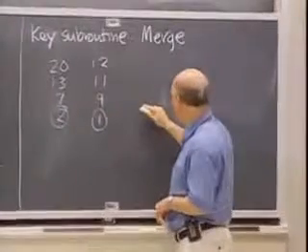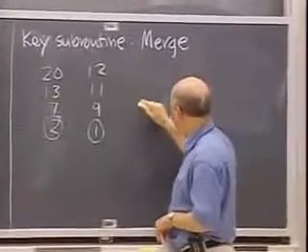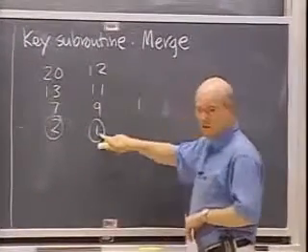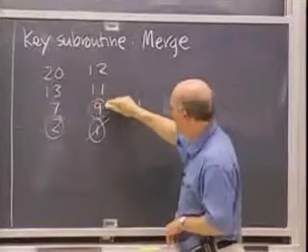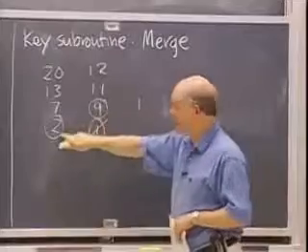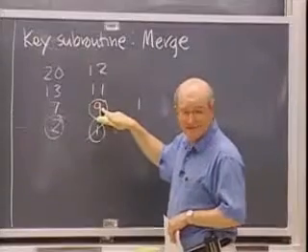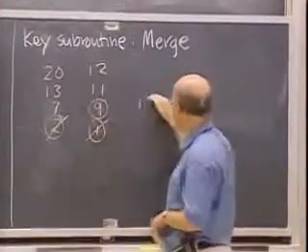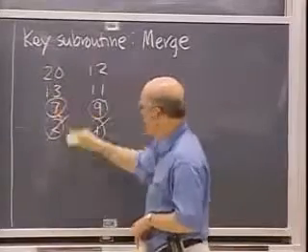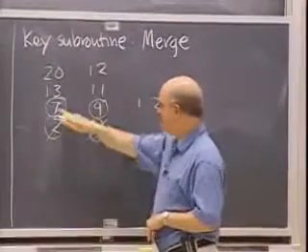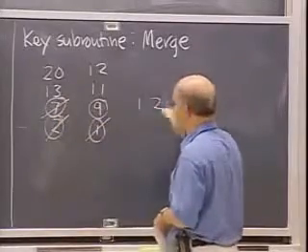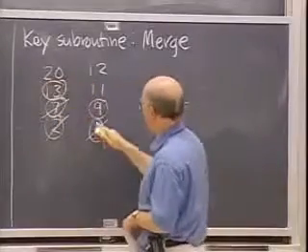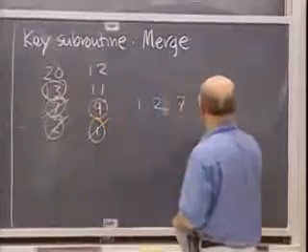So then I output into my output array the smaller of the two, and I cross it off. And now where's the next smallest element? And the answer is it's going to be the head of one of these two lists. So then I cross out this guy, put him here, and circle this one. And now I look at these two guys. This one's smaller, so I output that and circle that one. Now I look at these two guys, output 9.